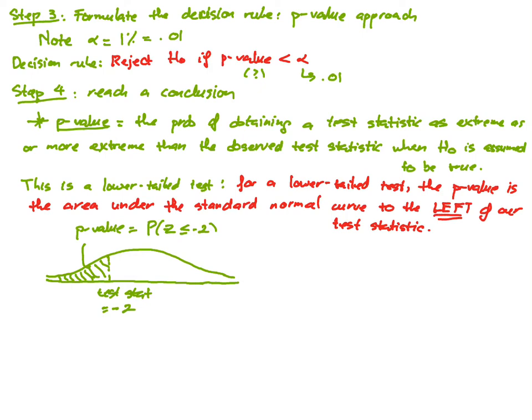Now it's already in the form where we want to find the probability that z is less than or equal to something. So all you have to do to find this probability is go into the standard normal table, look for -2 on the margins, and then look in the interior for the probability.